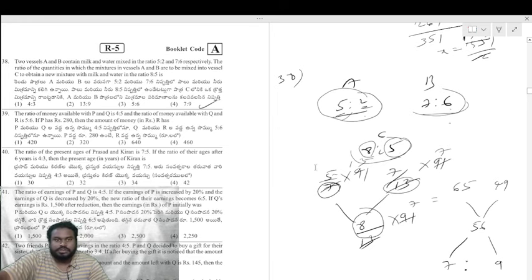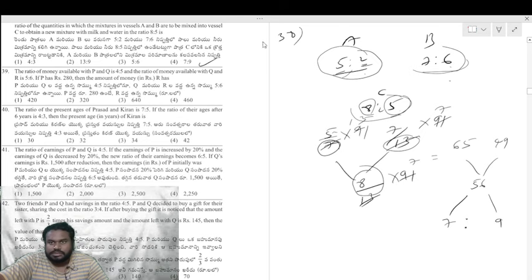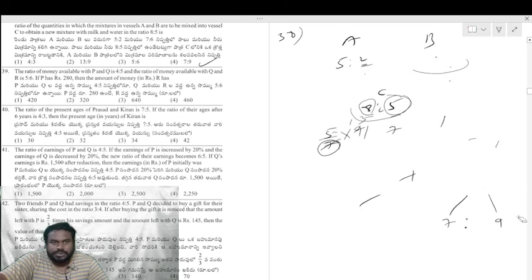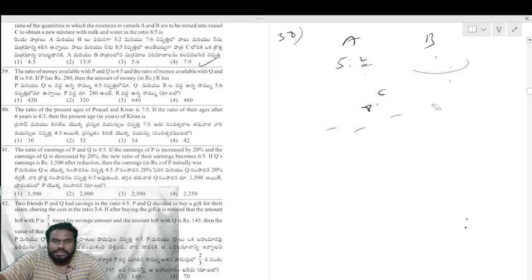Next, 39. Question 39 talks about the ratio of money available with P and Q, which is 4:5, and the ratio of money available with Q and R, which is 5:6.